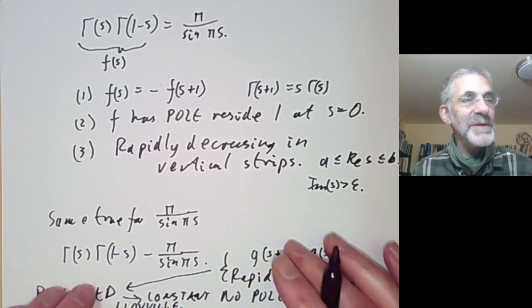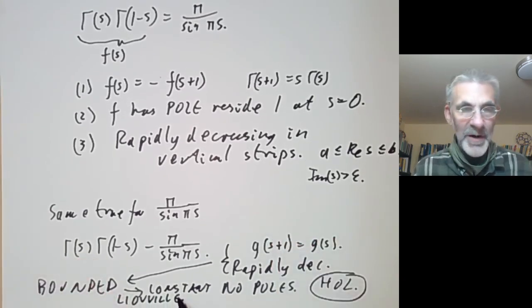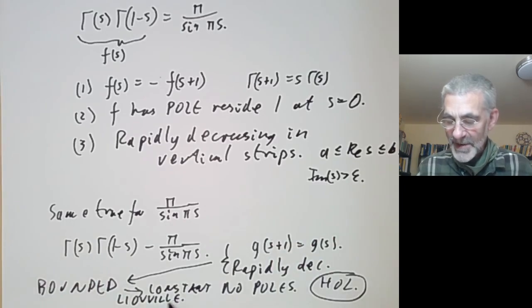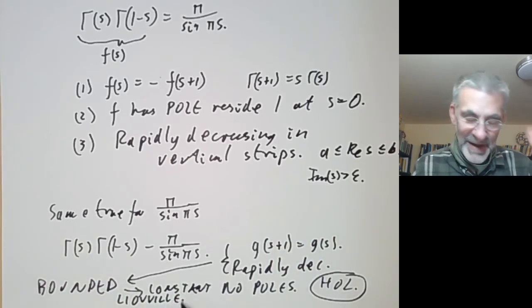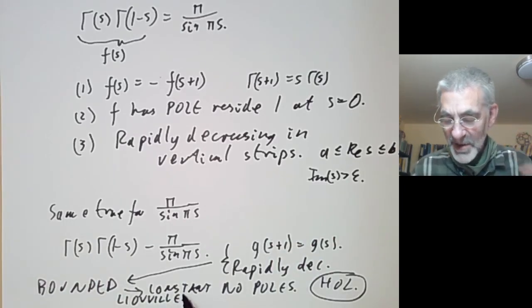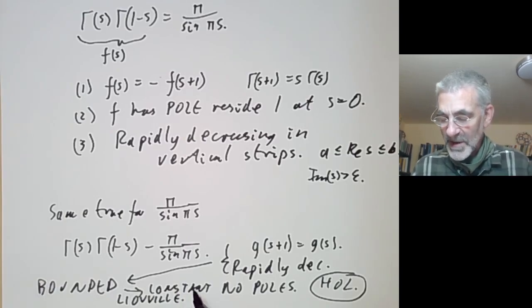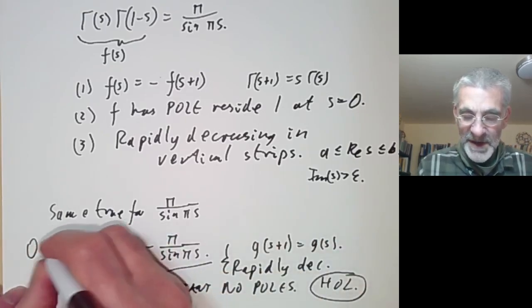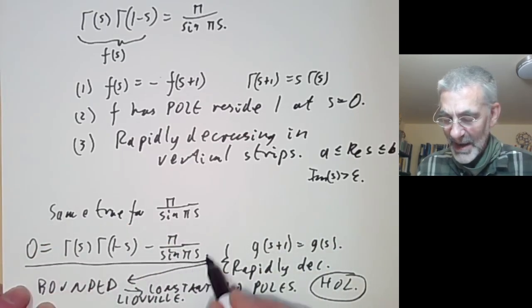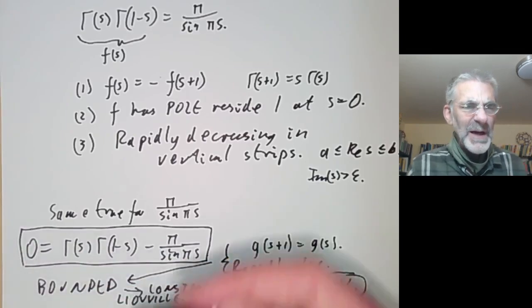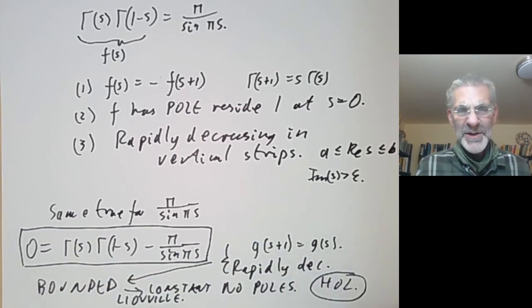because Liouville's theorem says that any holomorphic bounded function on the whole plane is constant, and the constant must be 0 because both sides are rapidly decreasing. So we've seen this function is equal to 0, and you notice this proof is kind of some sort of black magic.